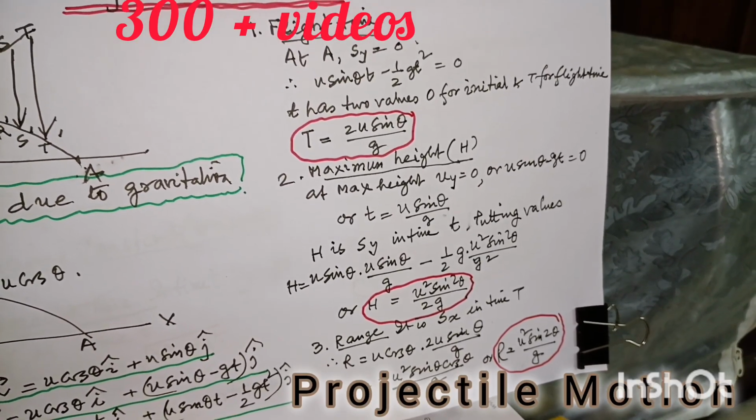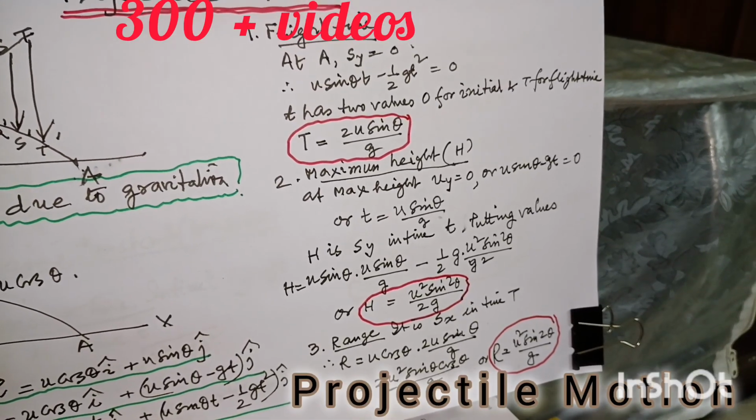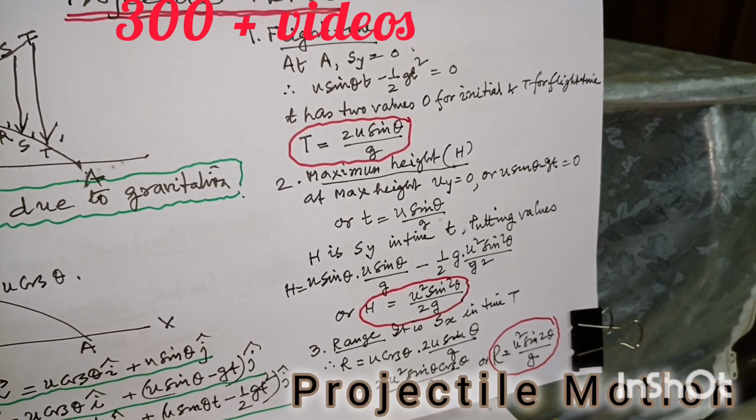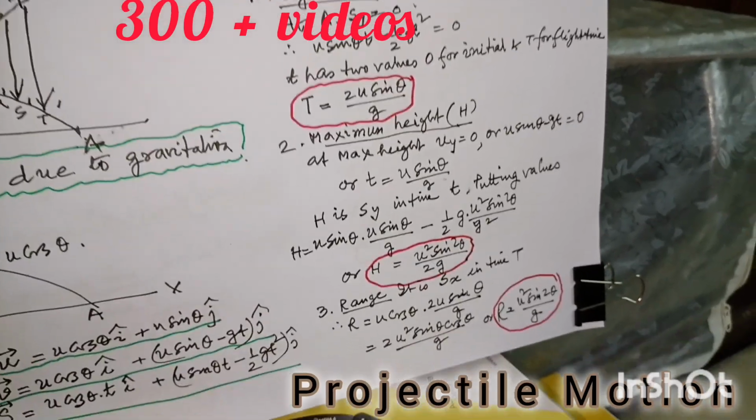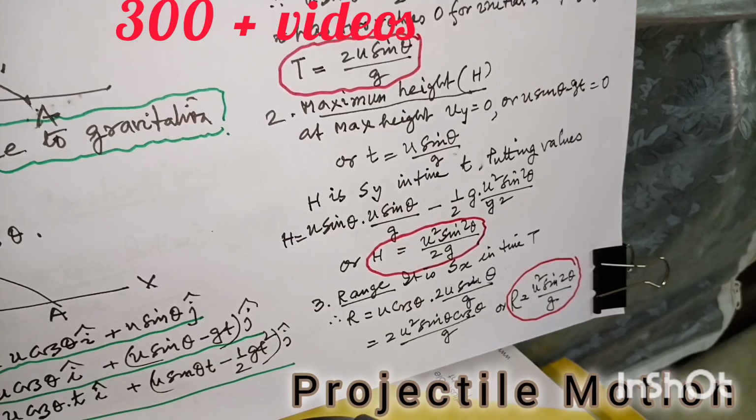By calculating this, we will find the value of H is u square sin square theta by 2g. So this is the value of the maximum height.